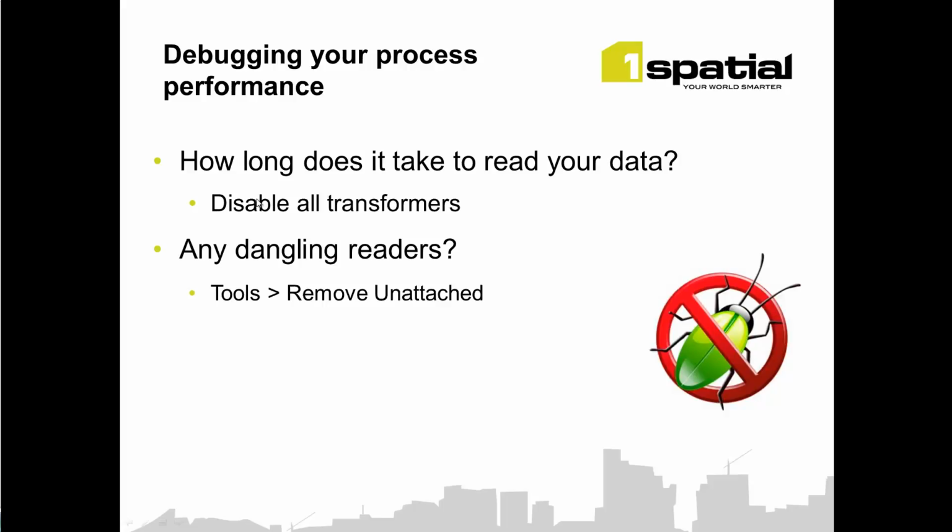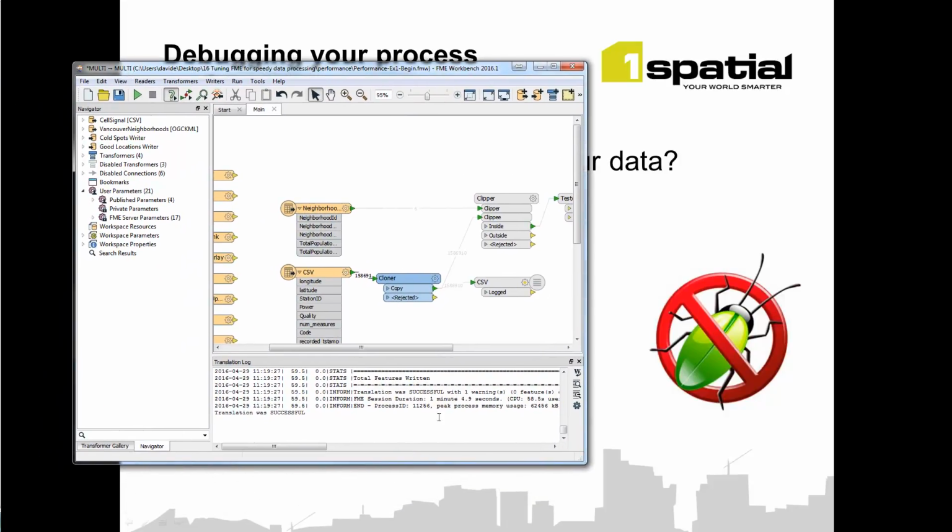So the key thing is that you disable all the transformers after the read process, and that's actually just completing, so I'm going to bring that back in. There you go. So it took just over a minute to read all the data. So we know it takes 42 minutes to process, but it takes a minute to read the data. So clearly the effort is not involved in the data read.